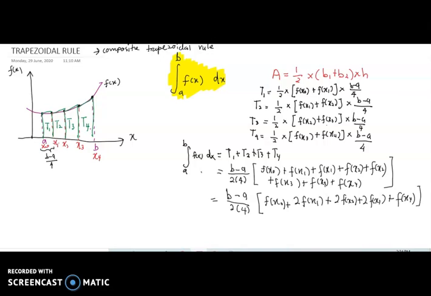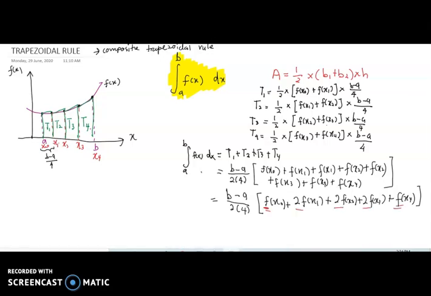So this is basically the formula to find the integral of f(x) from a to b, given that we are dividing the interval into 4 equal parts.